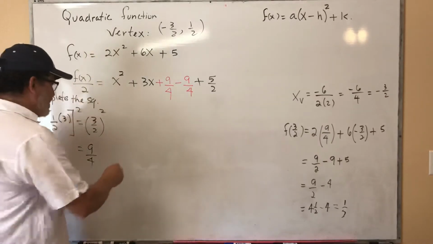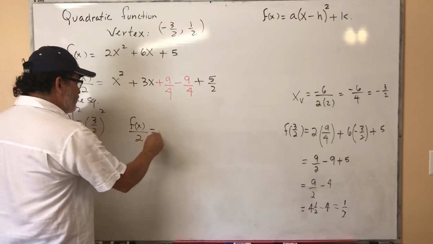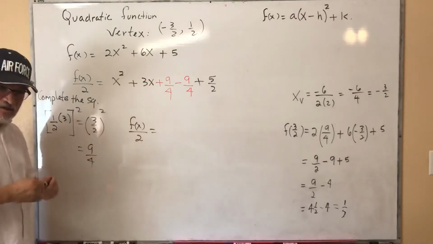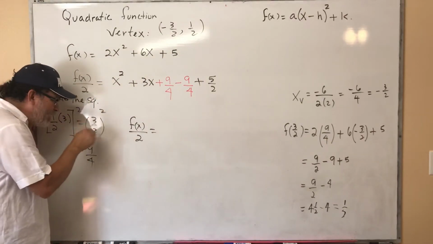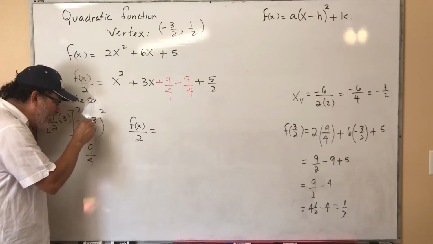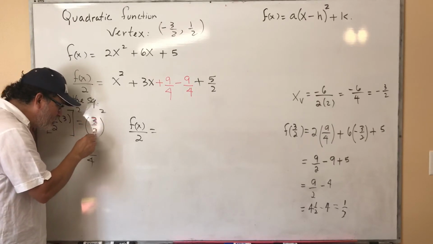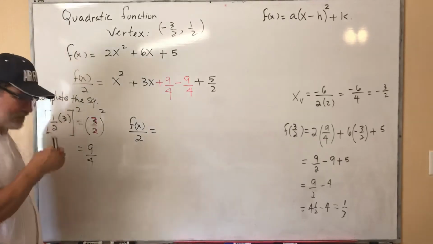So now this becomes f of x over 2. How do we factor this? To factor this, always highlight whatever is being squared. Before you square, highlight it. That's a 3 over 2. Highlight that. Because guess what?